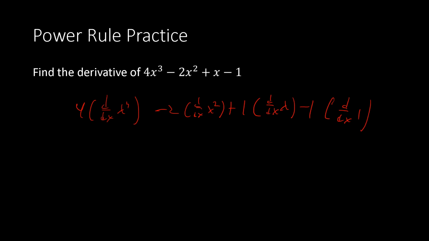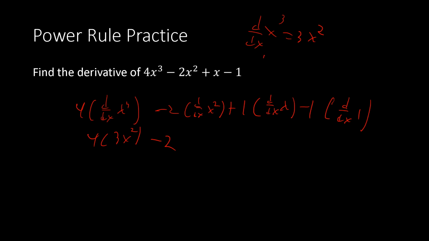Let's look at x cubed first. So d over dx of x cubed. In this case, n is 3, so we're going to bring the power to the front, 3, x to the, then we're going to subtract 1 from 3, and that's squared. So this is going to be 4 times 3x squared.